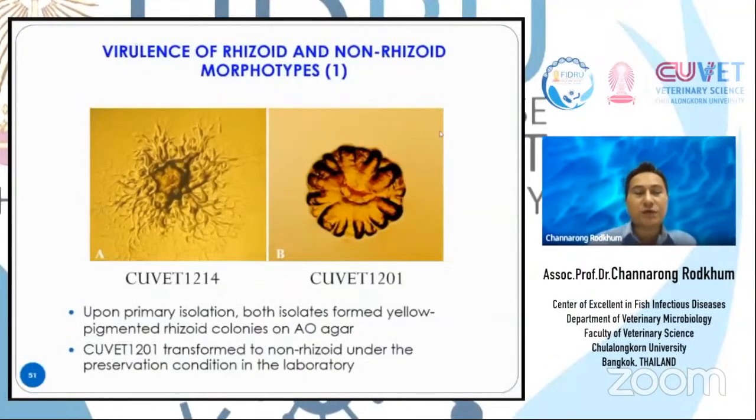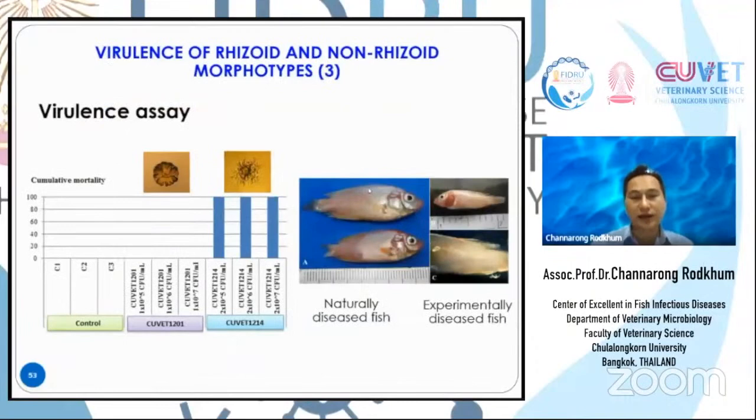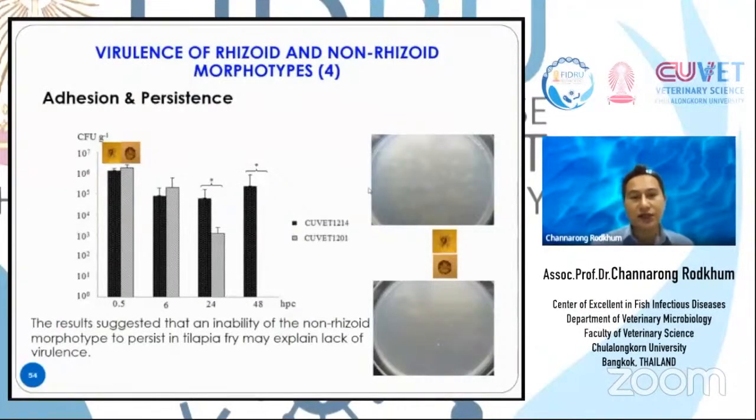As I said before, we have two colony morphotypes of Flavobacterium columnare, rhizoid and non-rhizoid. We tried to infect experimental fish with both rhizoid and non-rhizoid to see the virulence of both. After we finished this experiment, we found that rhizoid is stronger in virulence than non-rhizoid.